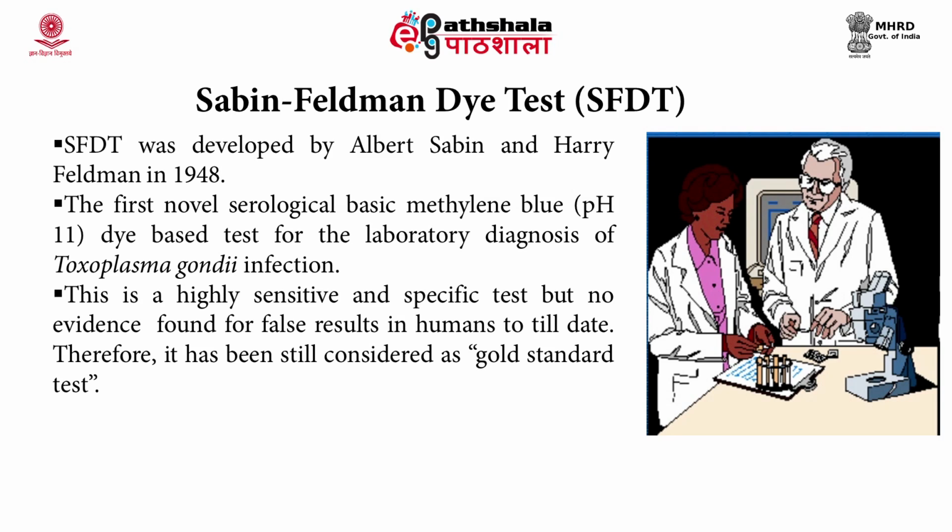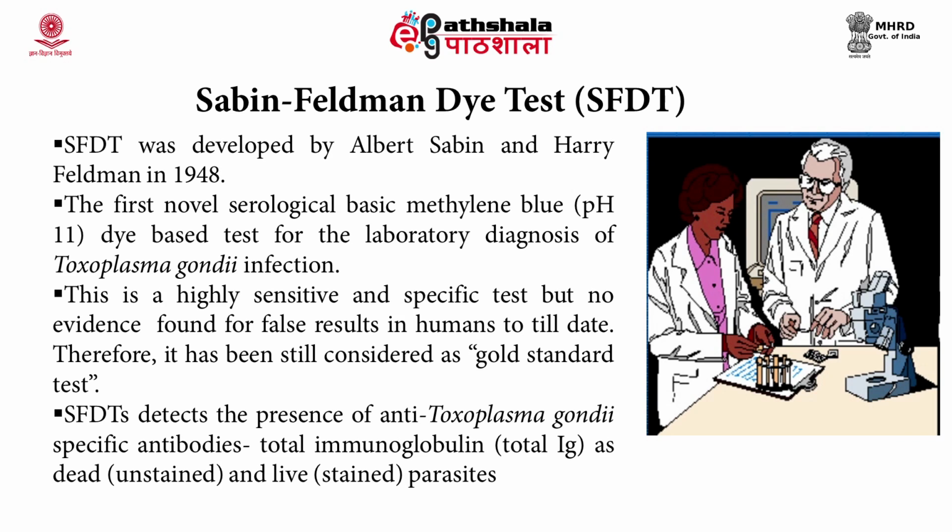This is a highly sensitive and specific test, and no evidence of false results in humans has been found to date. Therefore, it is still considered the gold standard test. SFDT detects the presence of anti-Toxoplasma gondii specific antibodies, total immunoglobulin, both dead and live.